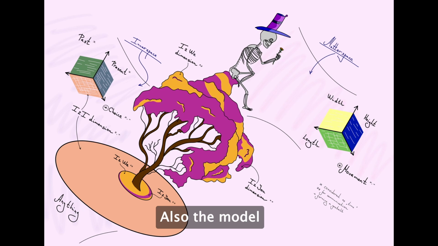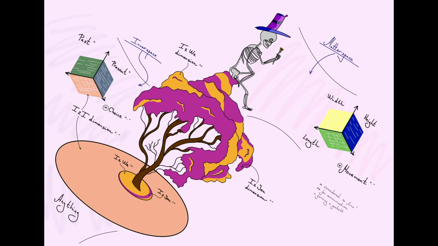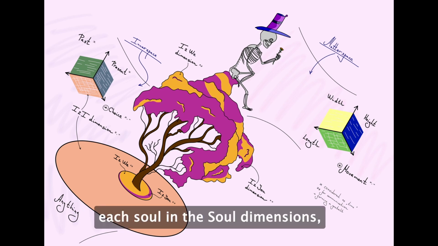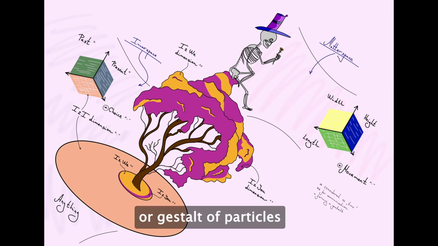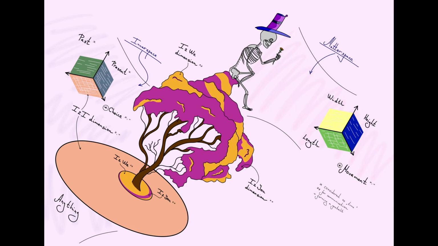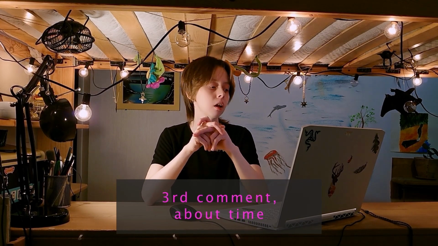Also, the model stays icentric for each point in the anything. Each soul in the soul dimensions and each particle or gestalt of particles in the matter space. And the third comment about time.